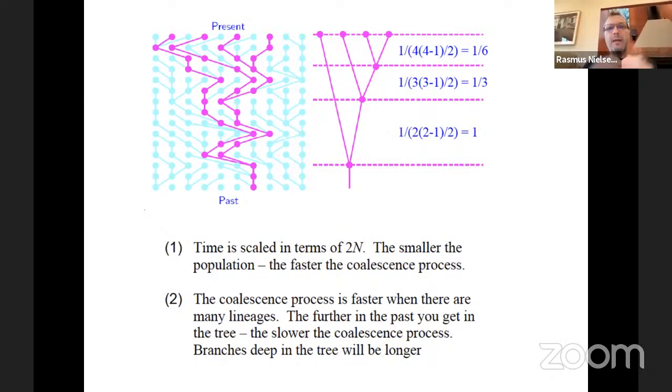Typically, it's much larger than the effective population size. But the word effective here is used to indicate that we understand that there are likely some discrepancies between the true model under which these populations evolve and the idealized models that we use. So we often use that term, the effective population size.